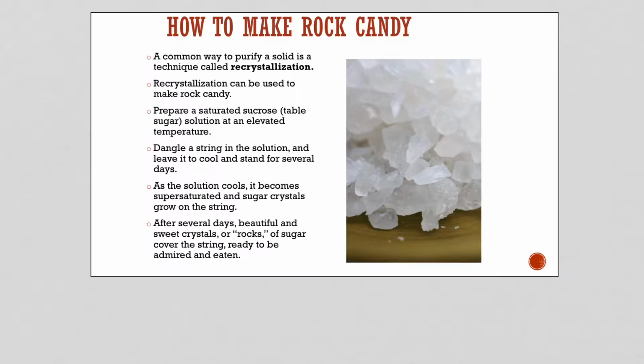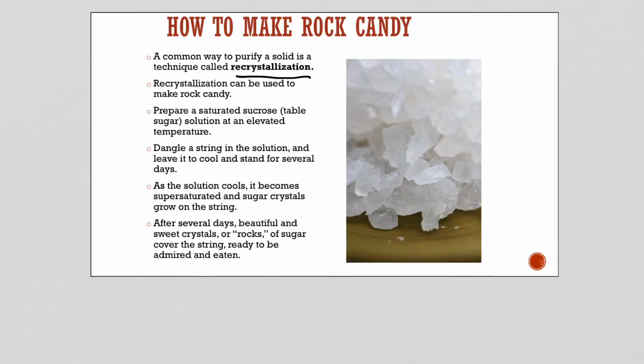Now, another thing that we can do is something called recrystallization, which is a fairly common purification tool in chemistry. We can use it here to illustrate this idea: if you were to dissolve this excess sugar into water at high temperature and then allow it to cool down, and we get it to cool down even more, that sugar will eventually start to crystallize out, especially if we disturb it or give it some place to crystallize, like a string or a stick, or we put small crystals in there.